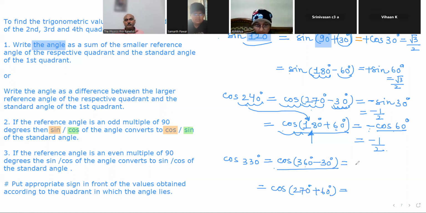You will check whether the reference angle is an even or odd multiple. So this is an even multiple, so it will be cos 30 degrees. Positive or negative? Positive, sir. Very good, well done.